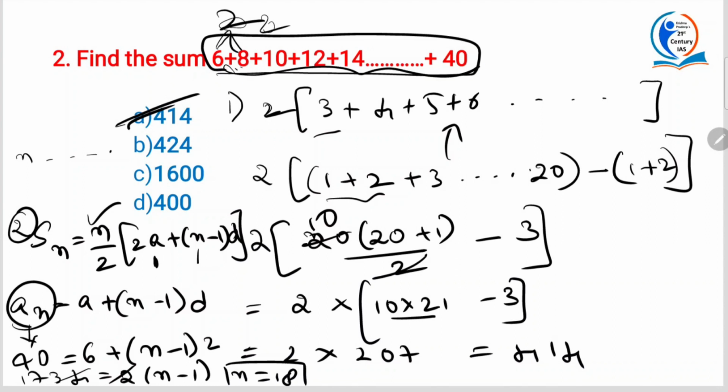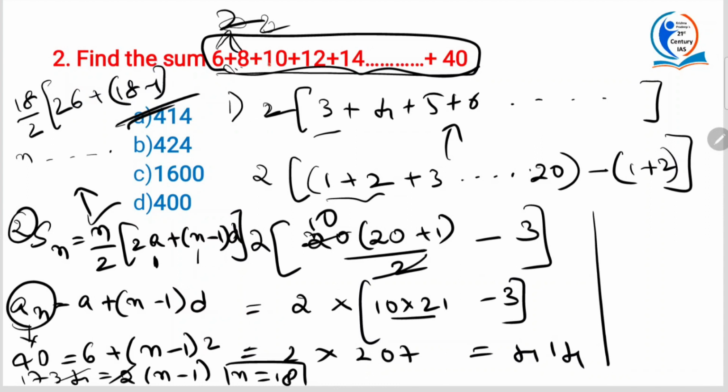Now substitute this n in this formula. What will it become? It will become 18 by 2 into (2 into a, which is 6, plus (18 minus 1) into d). What is d? 2. So 2 ones are 2, 9s.